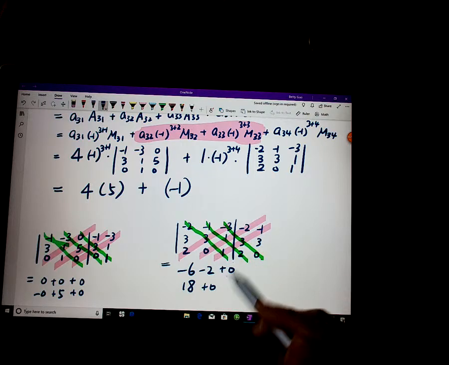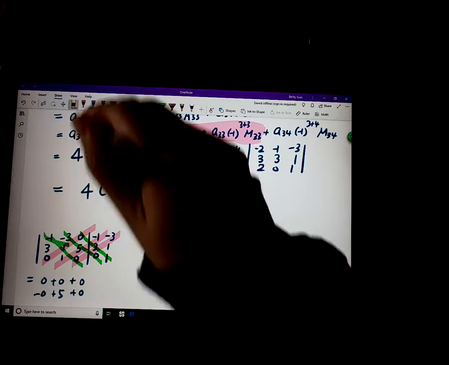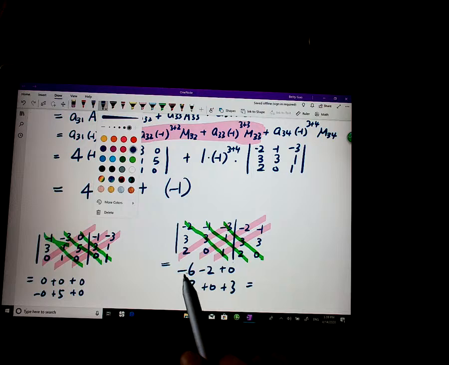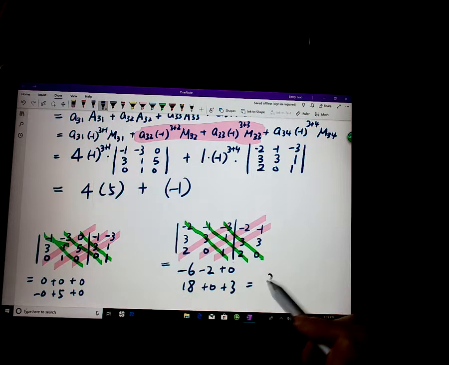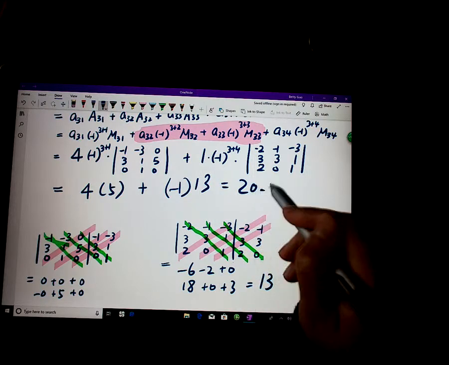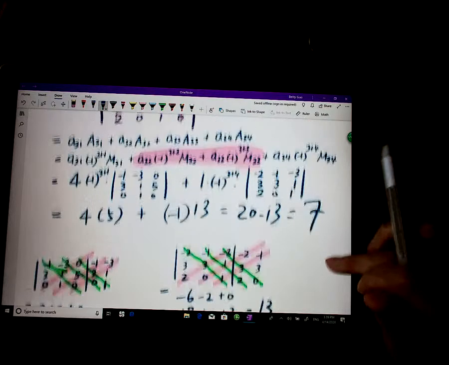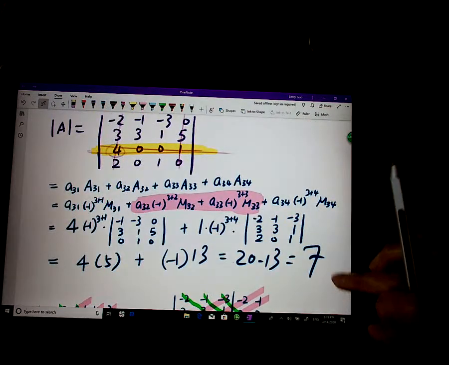This is a -3, but we take the opposite, positive 3. Let me double check. Hold on. So this is -8 plus 18, 10. 10 plus 3, 13. So 20 minus 13 equals 7. 7 is the value of the original 4 by 4 determinant.